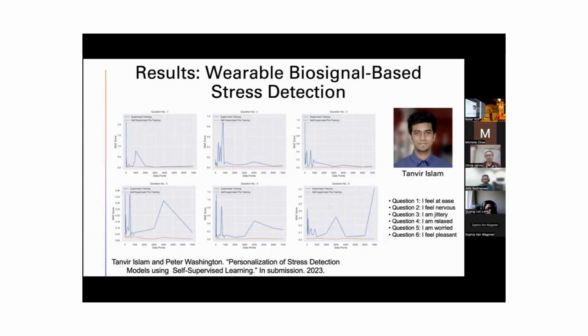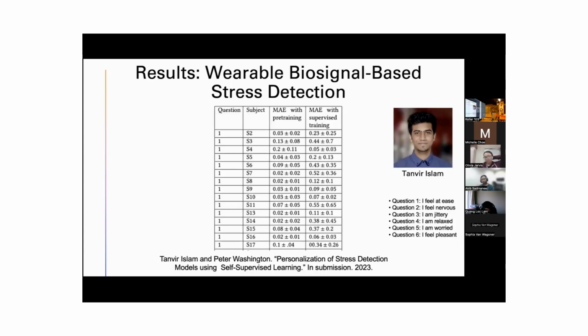So predicting, I feel at ease, I feel nervous, I'm relaxed, I'm worried, I'm pleasant. Things that you wouldn't expect AI to be able to predict about people traditionally. But with this method, in a personalized way, it could work. And what we find is that when you have a small number of labels for a person, the self-supervised pre-training does really well, because it's overfitting, which is usually bad, but in this context, it's good. So we have that in submission.